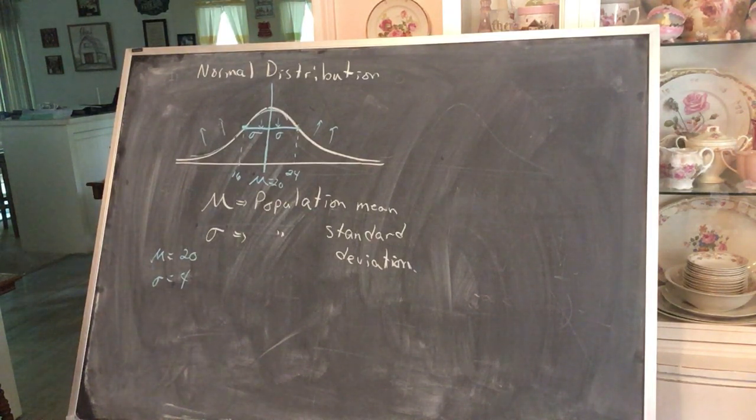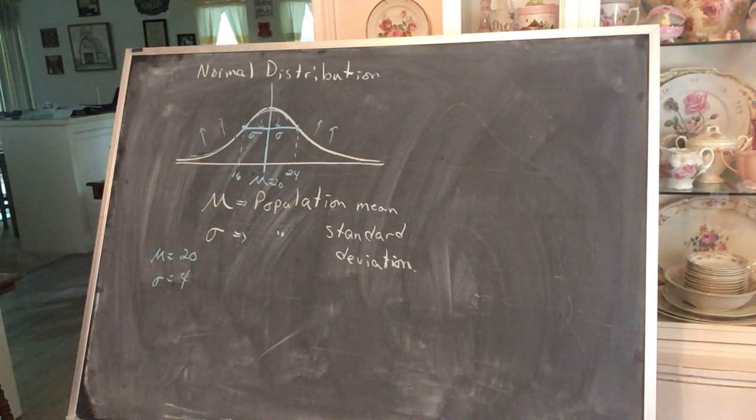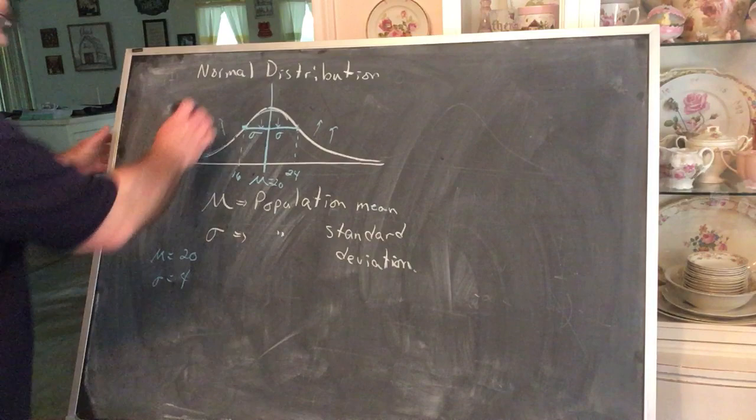If a population has a relatively large standard deviation, that means the population is relatively loosely dispersed. If the population has a relatively small standard deviation, that means the population tends to be more tightly clustered together. Now, put that together with the fact that the total area under the curve is equal to 1, and there's a consequence of that. And I'm going to draw that picture next.